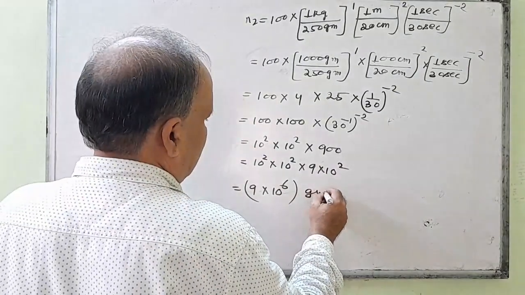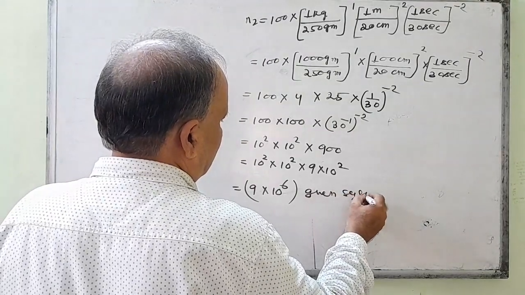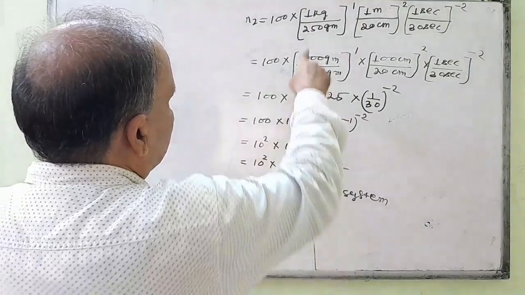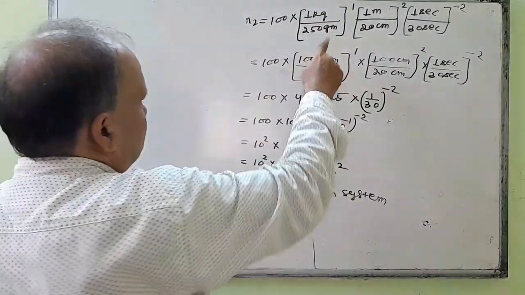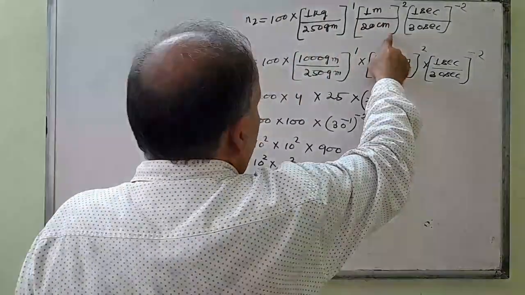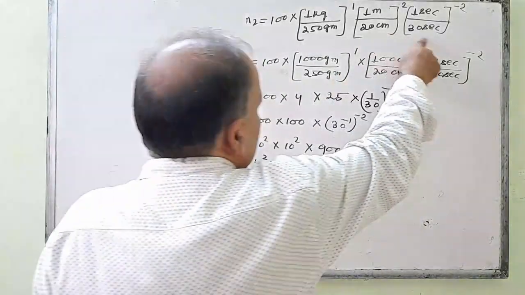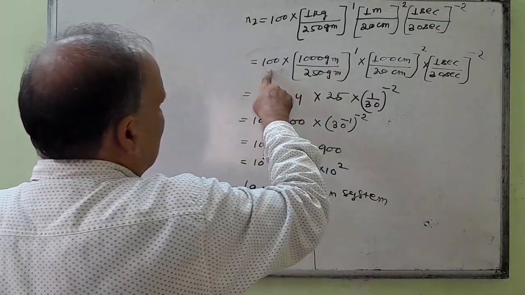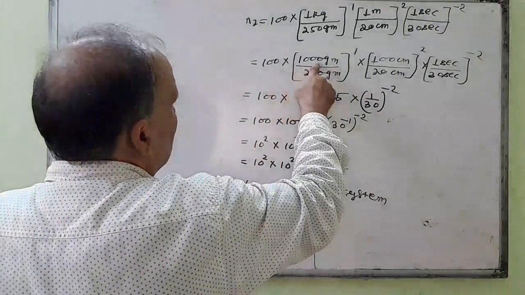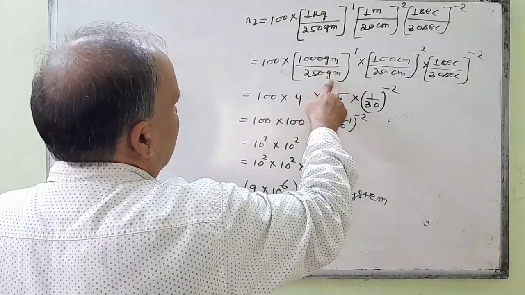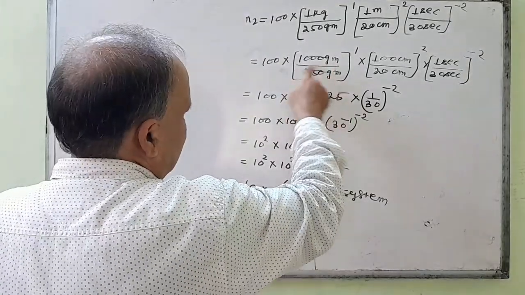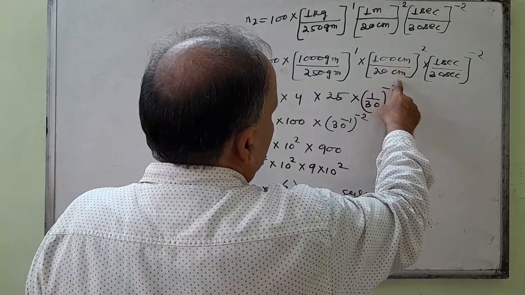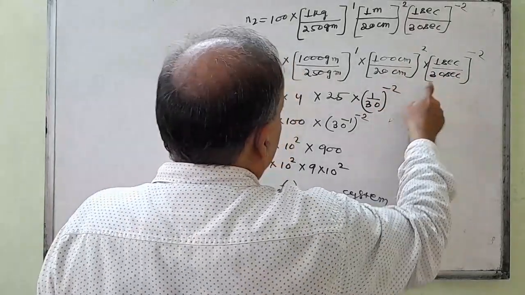You see again, this is your 100, 1 kg by 250 gram, 1 meter by 20 centimeter, 1 second by 30 second, because half minute means 30 second. 100 into 1000 gram by 250 gram, because you have taken it as a fundamental unit, 100 centimeter by 20 centimeter, 1 second by 30 second.